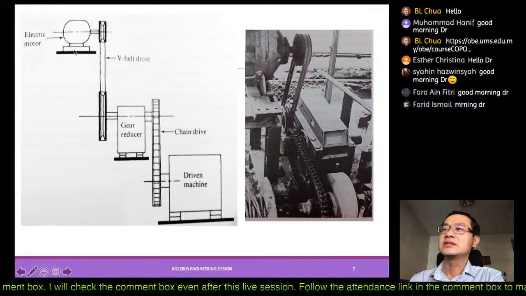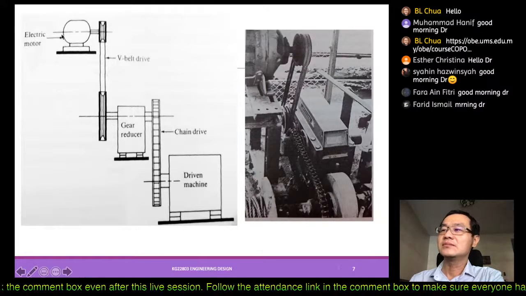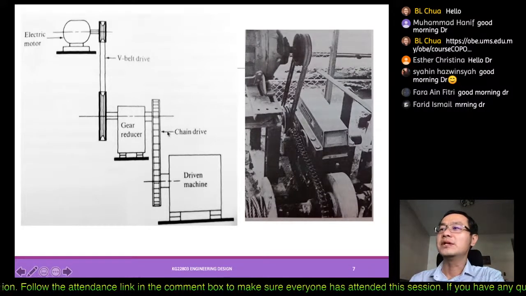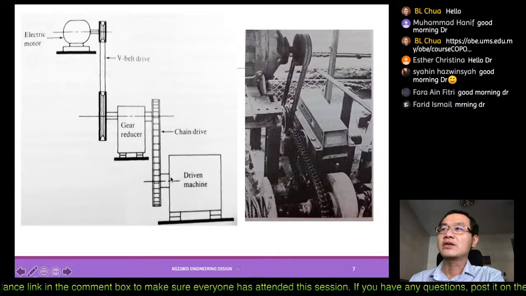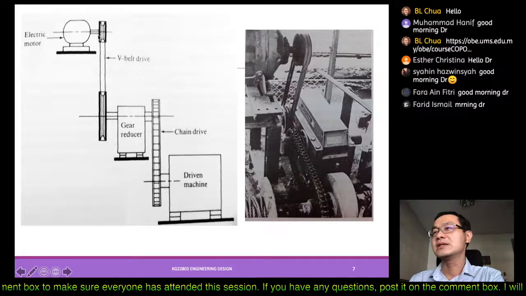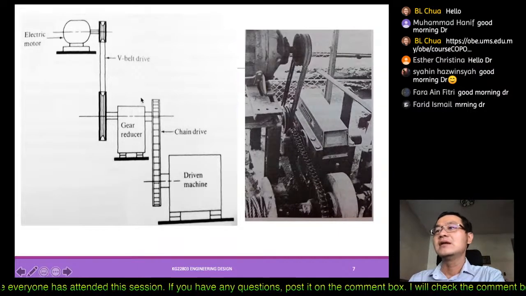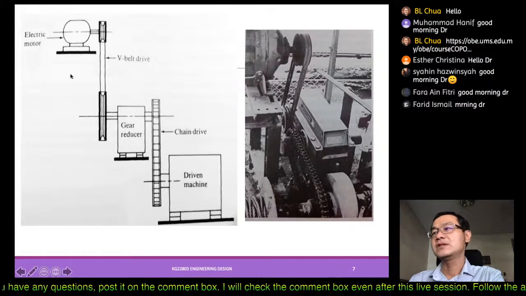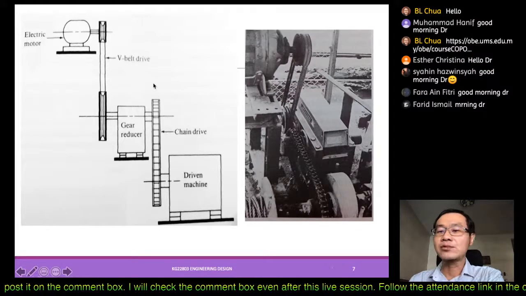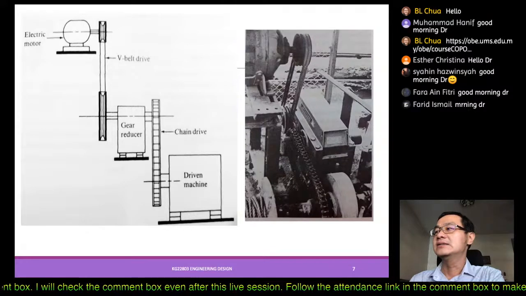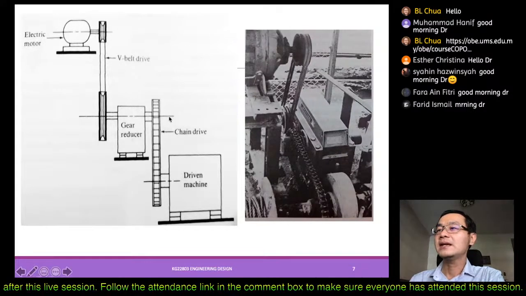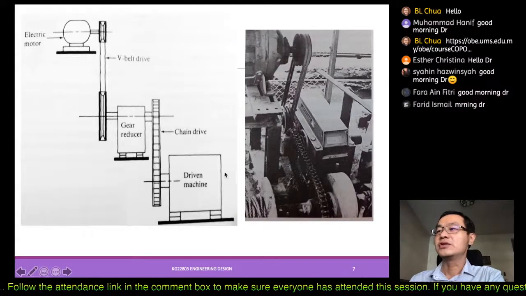This is a driving machine, through various combinations of drive. In these systems you can see that there is a belt, a gear, and a chain. So this could be the combination, it's up to your desired requirement.